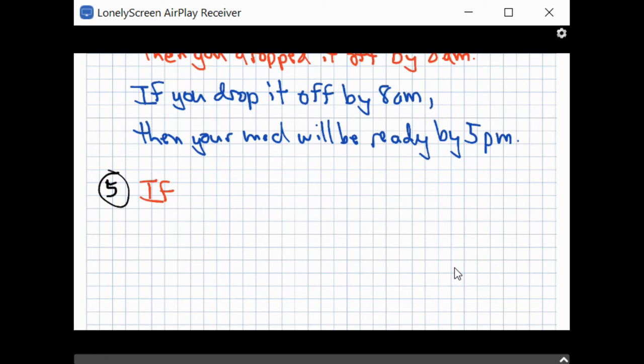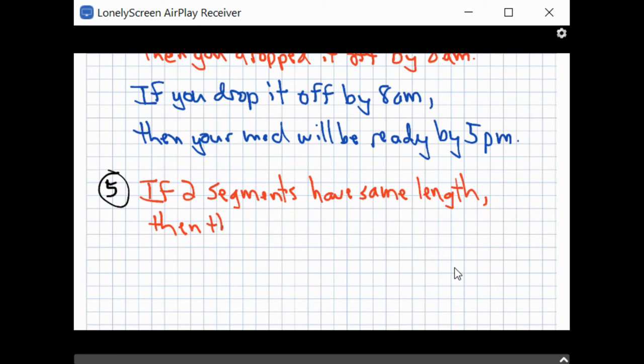If two segments have the same length, then they are congruent. Notice I even separate the two clauses by lines. It kind of helps me keep them differentiated.